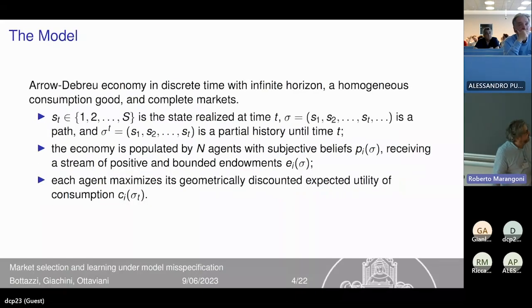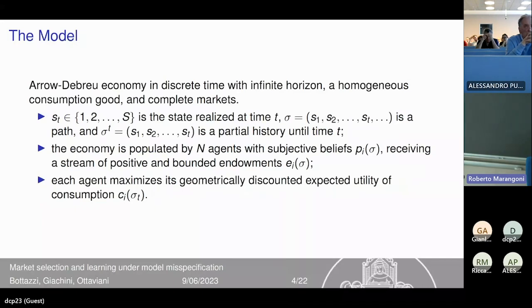The idea is using what is known as the Arrow-Debreu economy. So we have a time structure. Don't worry, this is just a list of features, and then I'm going to explain them in a couple of slides. So there is uncertainty in this model, and in each period of time, there are S possible states of nature.